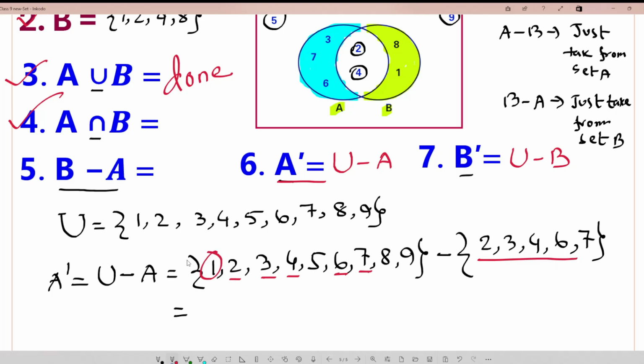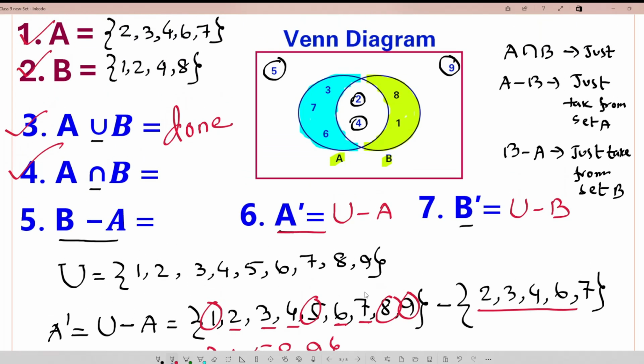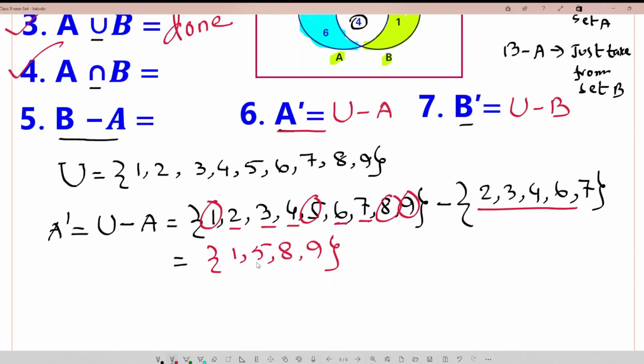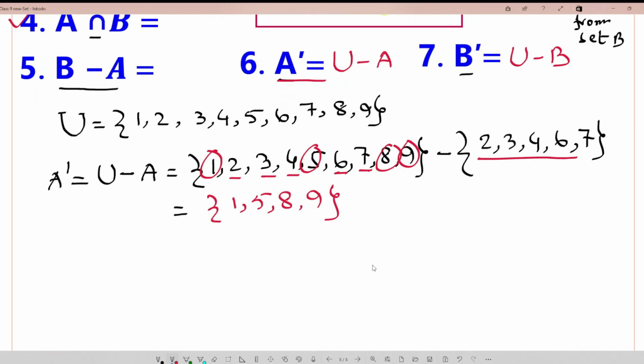Therefore our result should be 1, 5, 8, 9. So we can write 1, 5, 8, 9, right? This is from the universal set. It means only the common things of U and A will be removed, right? 2, 3, 4, 6, 7 is the common thing.